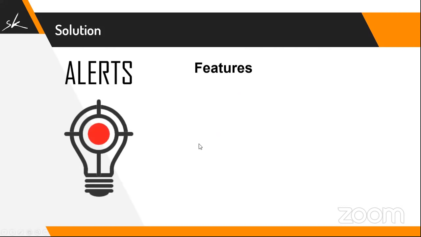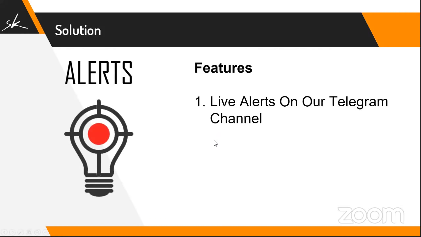Now, the features which the alerts have, and how these features take care of the shortcomings which we just discussed a few minutes back. The first thing is that the alerts which you'll be getting would be live alerts, right? And what do we mean by live alerts? That as soon as a demand zone or a supply zone gets formed on any of the lower time frames, right?